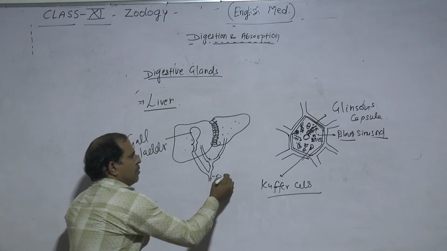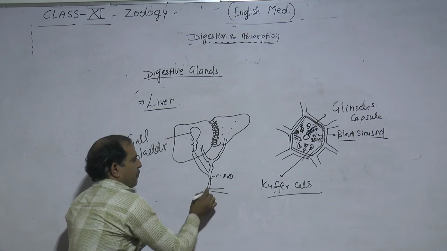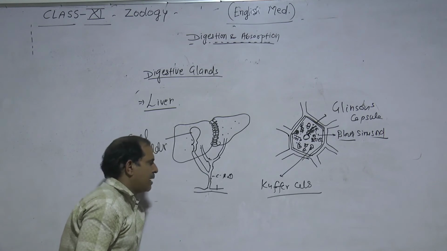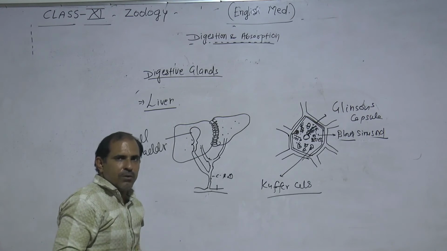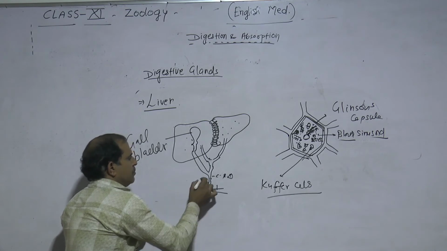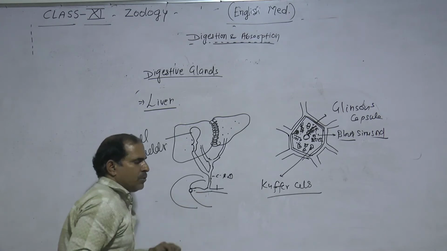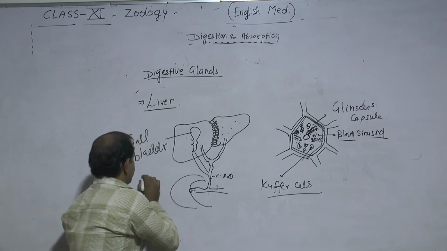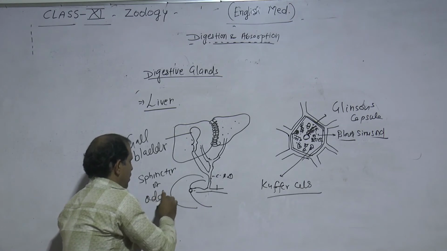This is common bile duct, and this common bile duct fuses with pancreatic duct to form hepatopancreatic duct, and this hepatopancreatic duct opens into duodenum through sphincter of Oddi.